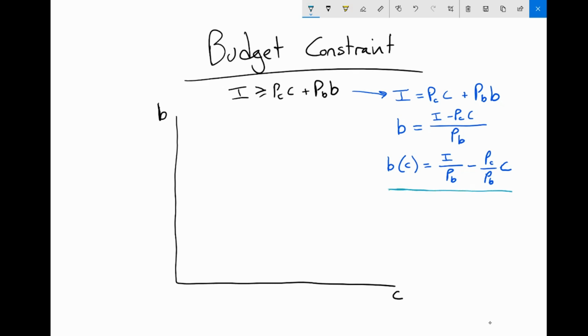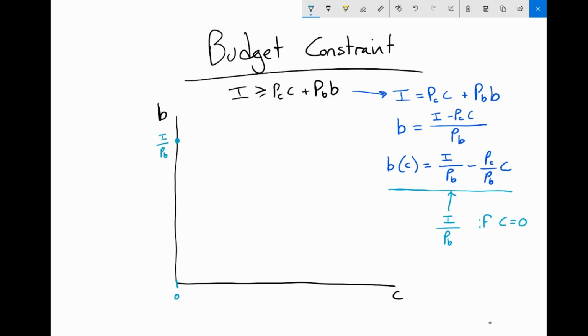So let's take a look at this. The intercept is here. It's I over P_B. If C equals 0, then the budget constraint will be here at income divided by P_B.